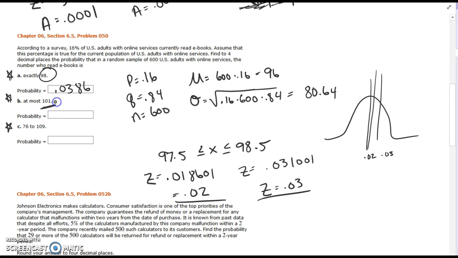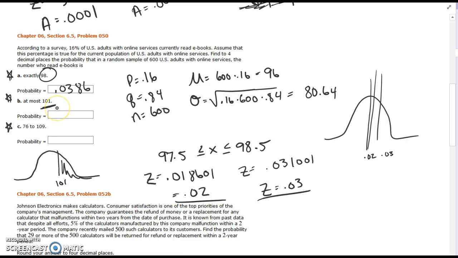Very similar to part B, at most. So looking at the normal distribution, at most 101. So this is going to be an upper bound. So I need to take 101 plus 0.5.